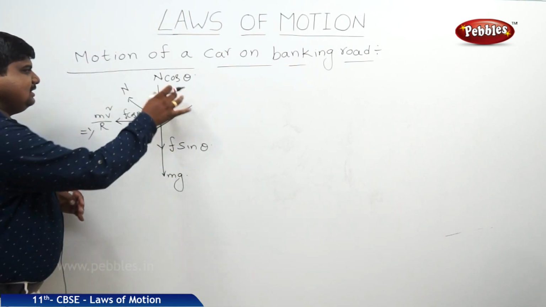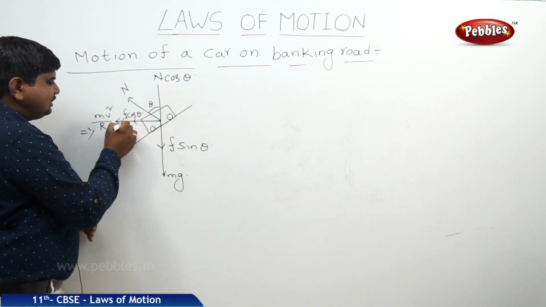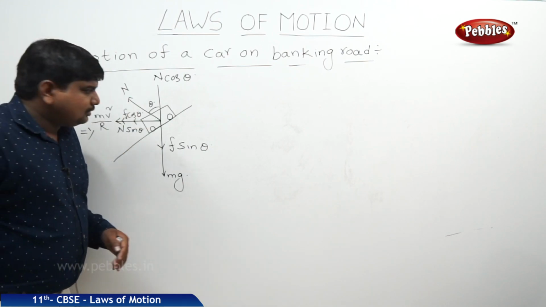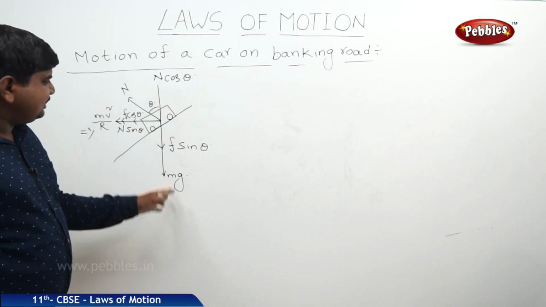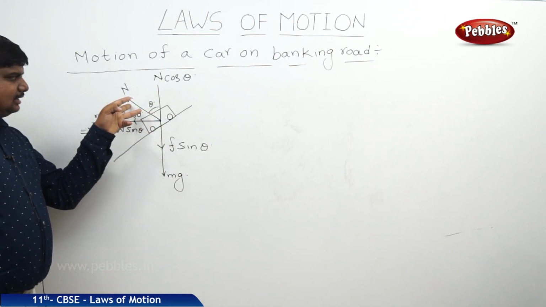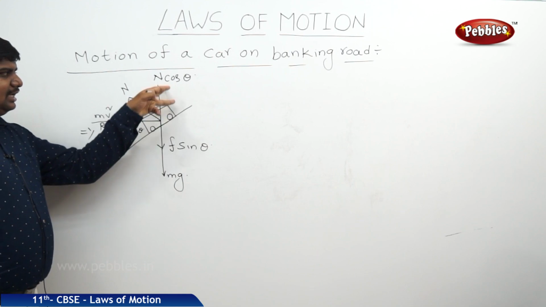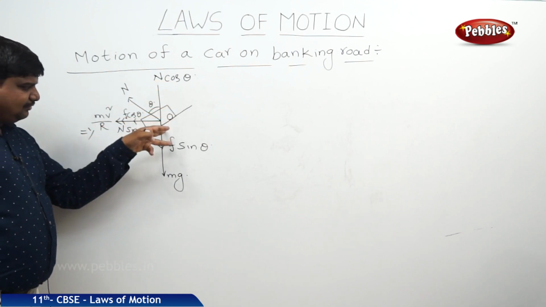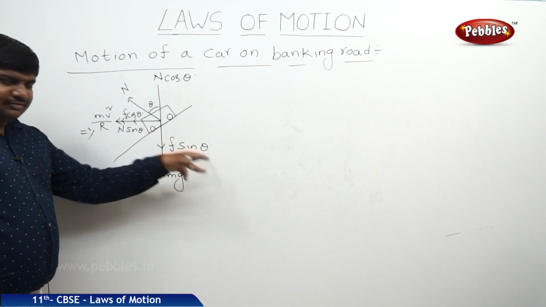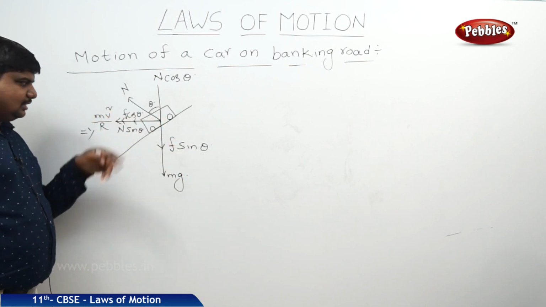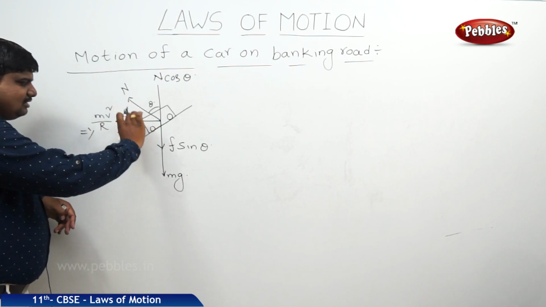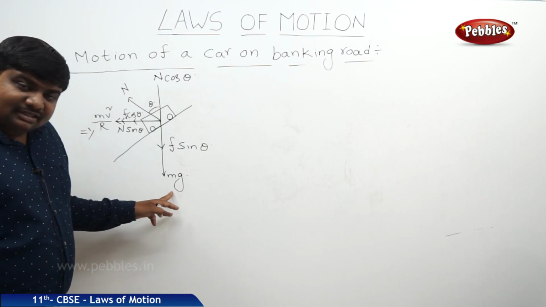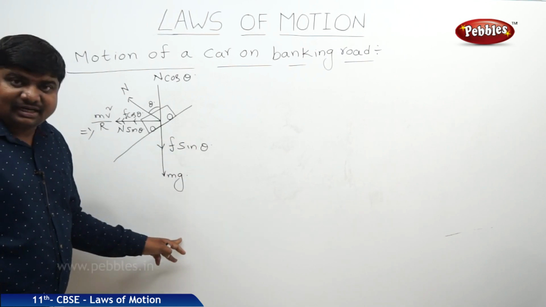On adding, this is n cos theta, and in this direction, n sin theta will be added. If you see the resolution of the components, this is the normal reaction force. The adjacent side, which is near to the angle, is n cos theta. The perpendicular is n sin theta. The resultant force direction is downwards. One is F sin theta, and this will be F cos theta. So F cos theta and n sin theta are in the same direction. The gravitational force mg and F sin theta are in the same direction.